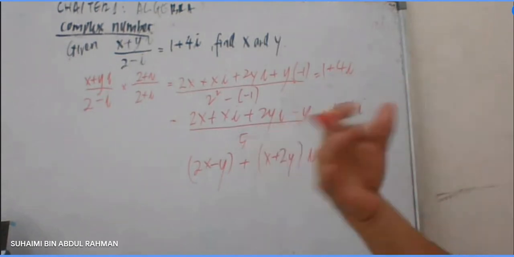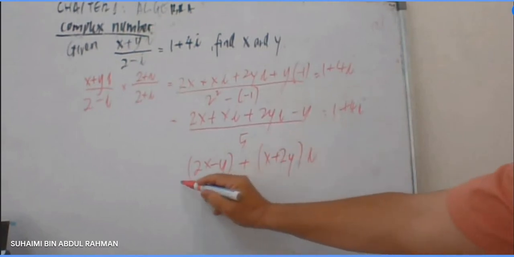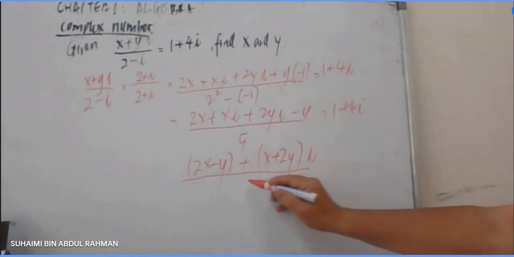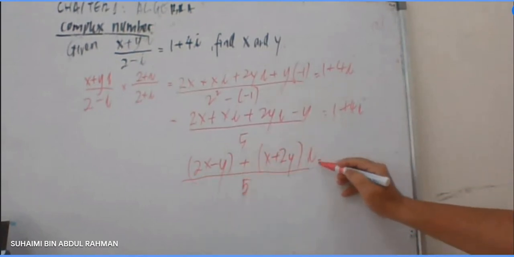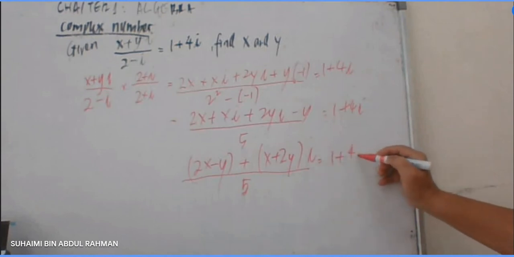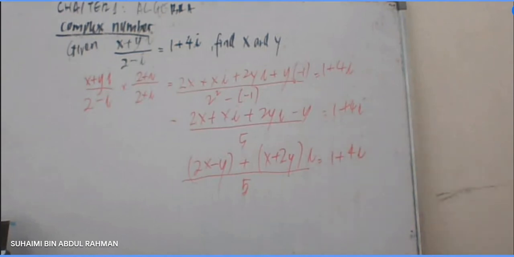We separate real and imaginary, divided by 5, equal to 1 plus 4i.